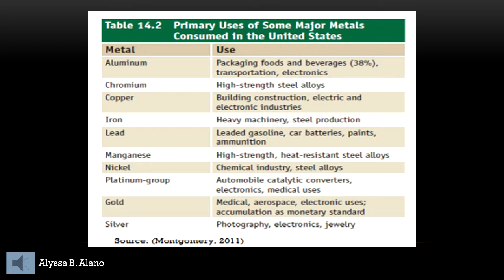Aluminum is used for packaging foods, chromium for alloys, copper for building construction and the electric and electronic industries, iron for heavy machinery, lead for gasoline, manganese for high-strength, heat-resistant steel alloys, nickel for the chemical industry, platinum for the automobile industry, gold for medical, aerospace, and electronic uses, and silver for photography, electronics, and jewelry.